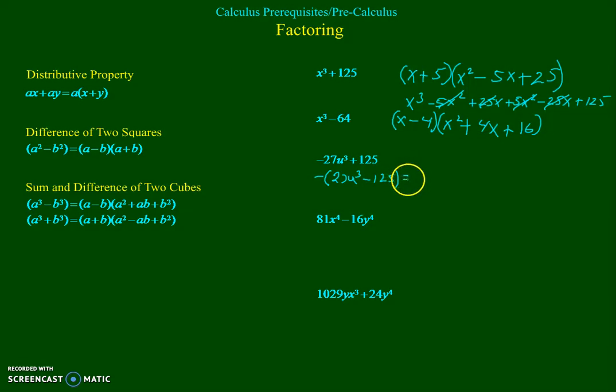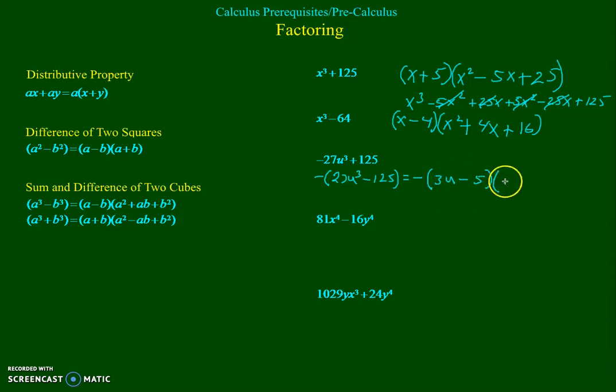So that's going to equal negative, and then my first set of terms is the cube root of the first. Well, the cube root of this whole thing is 3u. So that's 3u. Then same sign, negative. Then the cube root of this second term, 5. Now I start my second factor and I use these two terms.